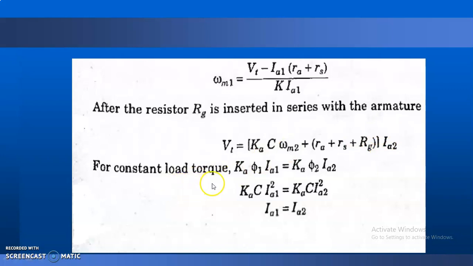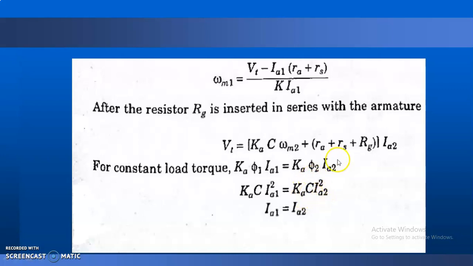If we take constant load torque, the first-time torque K phi1 Ia1 equals the second-time torque K phi2 Ia2.